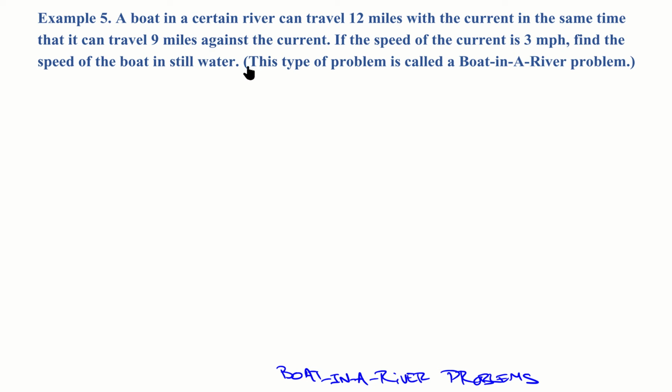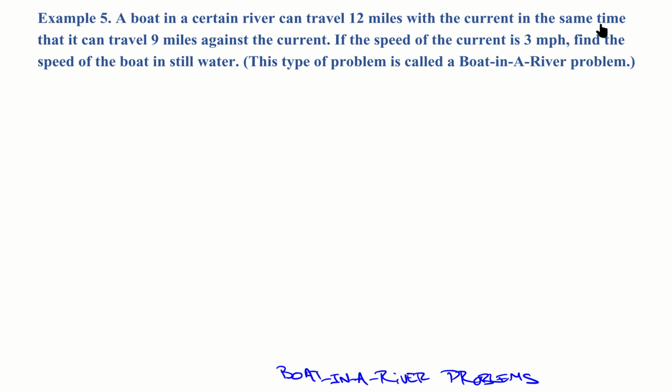Anytime you have an object moving through some kind of a current which has a fixed speed, whether it's a boat in a river or a plane going through a body of wind, it depends on the situation. It doesn't always have to be boats and rivers, but anytime you have an object moving in a certain medium of constant speed.